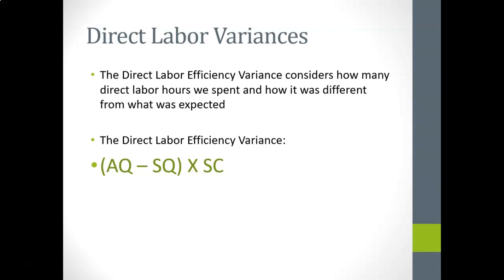That considers how many direct labor hours we spent and compares that to how many direct labor hours we thought we would spend. And our efficiency variance formula is the same as the direct materials efficiency variance formula: the AQ, actual quantity, minus the SQ, standard quantity, and that difference times the standard cost per unit.